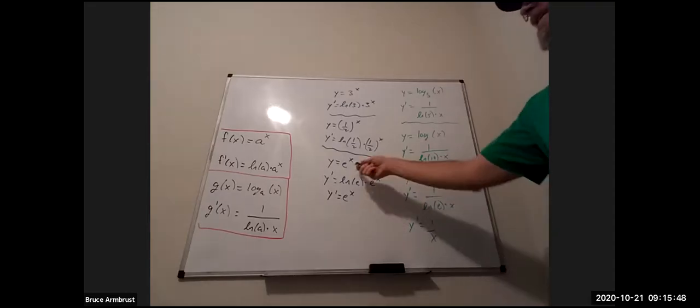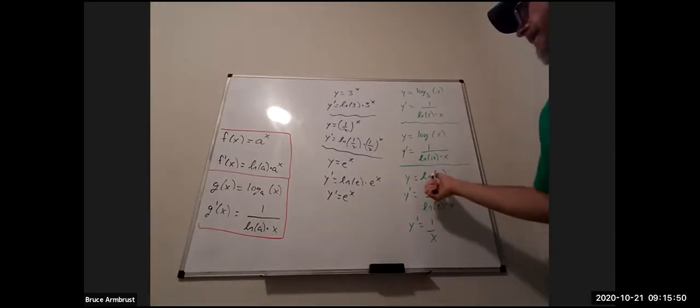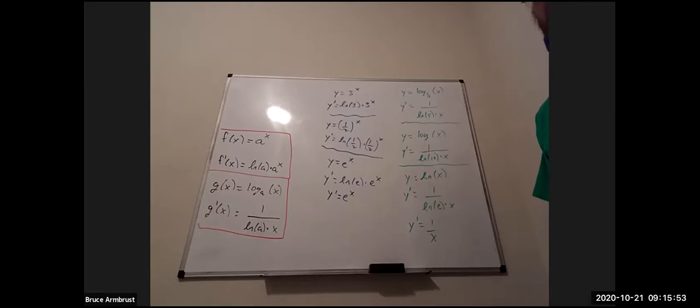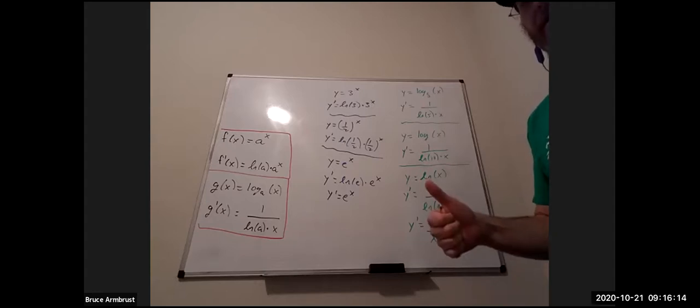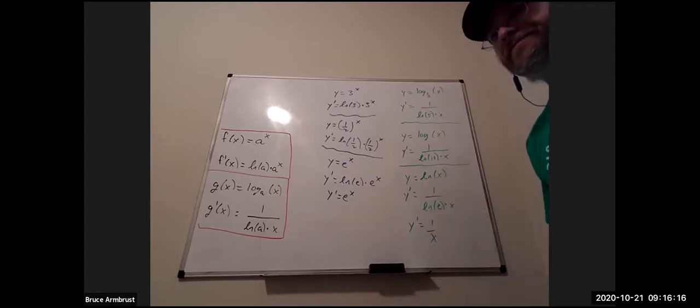So just like e to the x is nice, natural log of x is nice, because its derivative just ends up being 1 over x. Okay, so not a big deal. They're pretty easy rules. It's just one more that we have to remember. All right, so far so good. Kind of coming back.